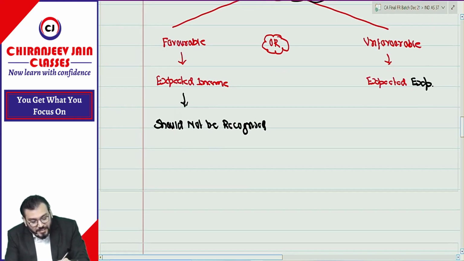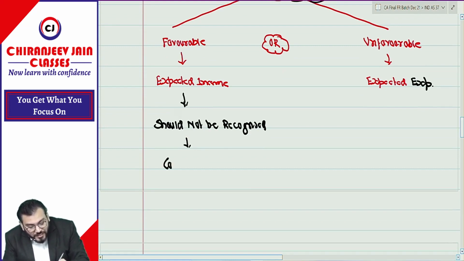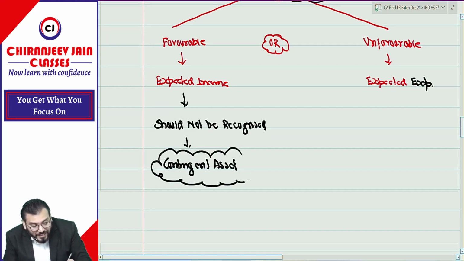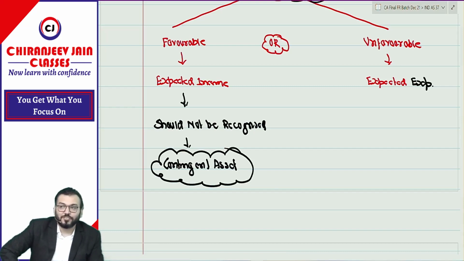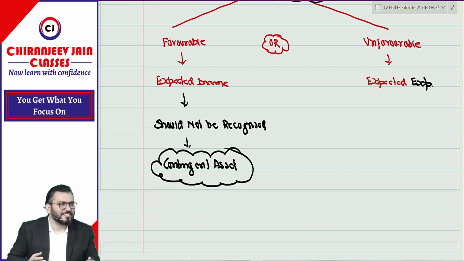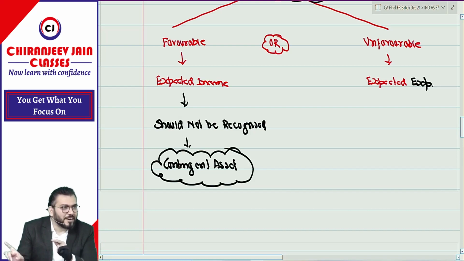And this expected income is known as a contingent asset. We all know that contingent assets should not be recognized, they only require disclosure. Contingent assets we don't recognize, only disclose as per AS 29.